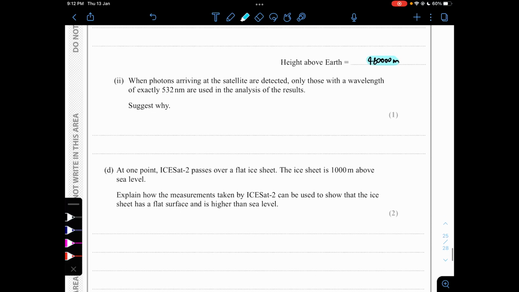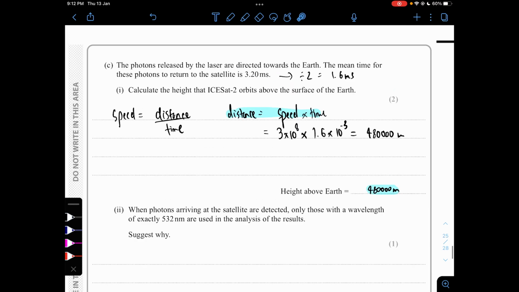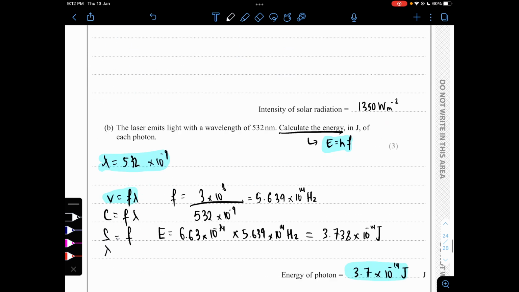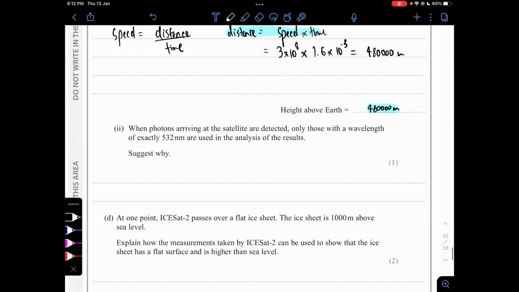So when photons arriving at the satellite are detected, only those with a wavelength of exactly 532 are used in the analysis of the result. Now, what is this question all about? The question is saying that a laser in the satellite produces a beam of photons. So we only care about this laser, right? So we only want photons emitted by the laser.